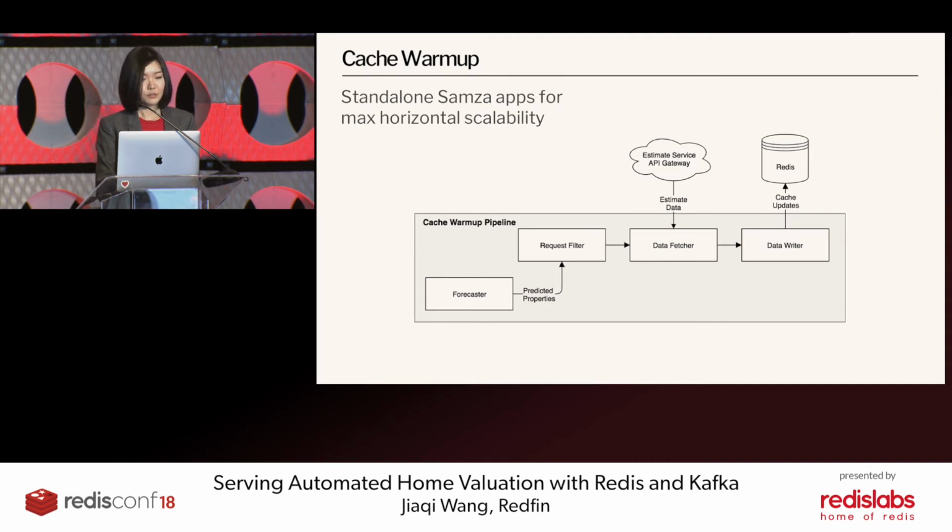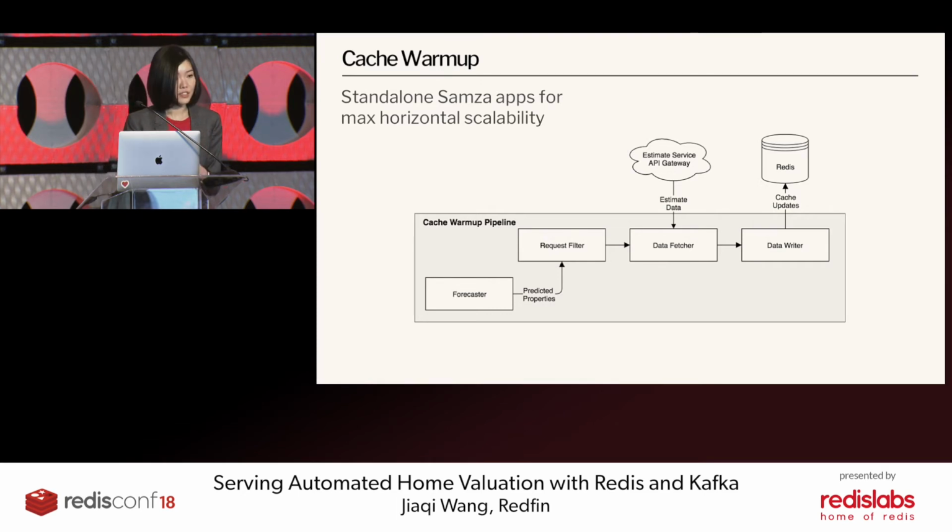The reason we made each of these apps a standalone app is so that the app will only be responsible for a very specific task and no more than that. And our goal is to complete the entire flow from the request entering the pipeline to the data landing in the cache within 10 seconds.